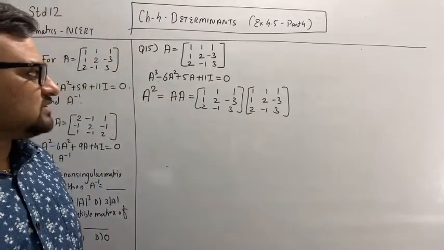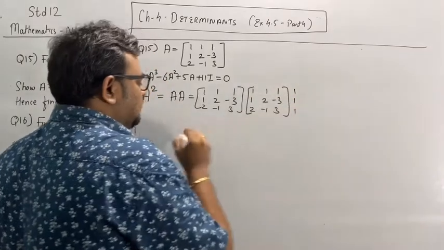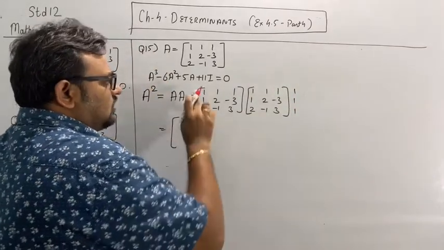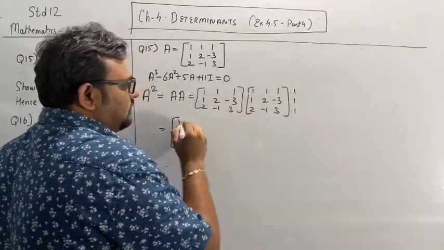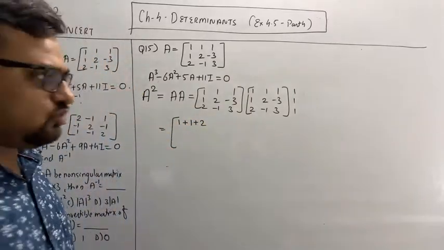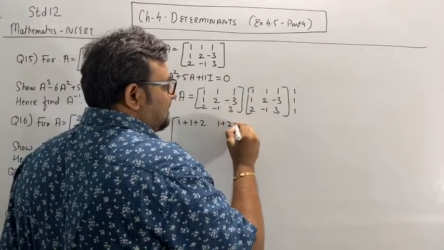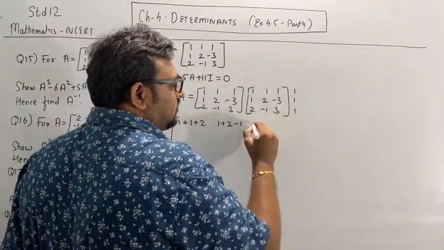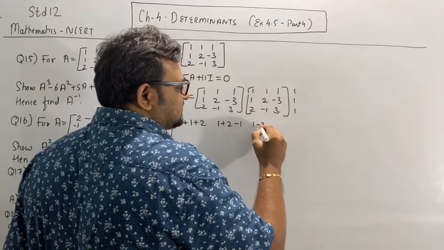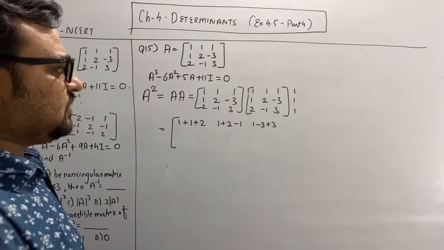Okay, so let's multiply it. Let's take the first row 1, 1, and 1. 1 into 1, 1 plus 1 plus 2. 1 plus 2 minus 1, 1 minus 3 plus 3.